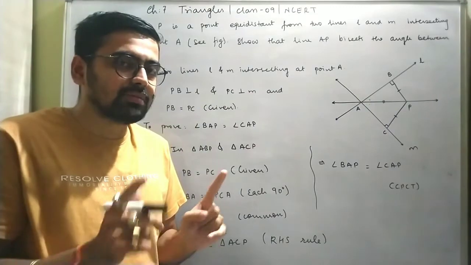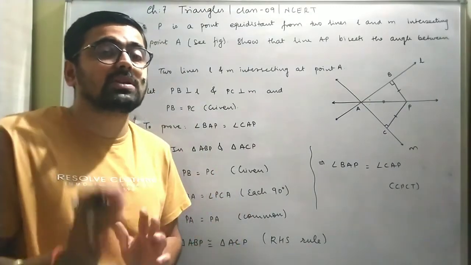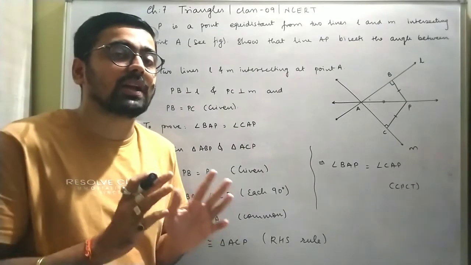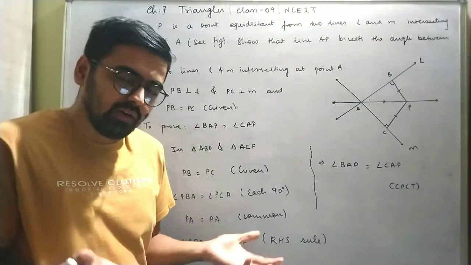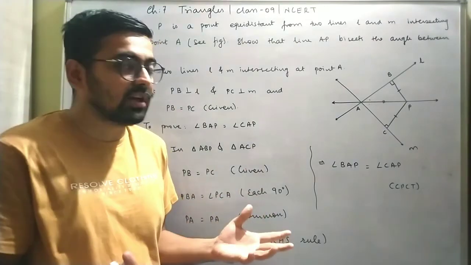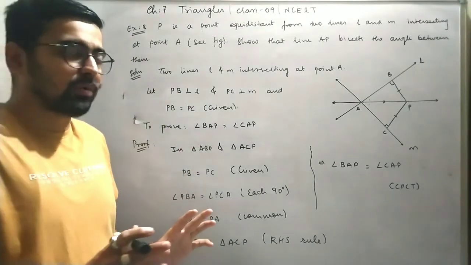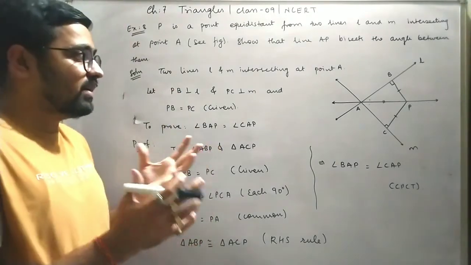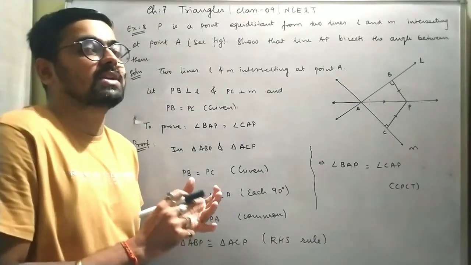I told you many times that it is not necessary, but yes, there may be chances that it can be done with the help of the RHS congruence rule whenever the given two triangles are right-angled. We have another criteria, I know that, but still, correct. So this is how we solve this kind of problem, and I hope you are getting familiar with this concept of SSS and RHS.